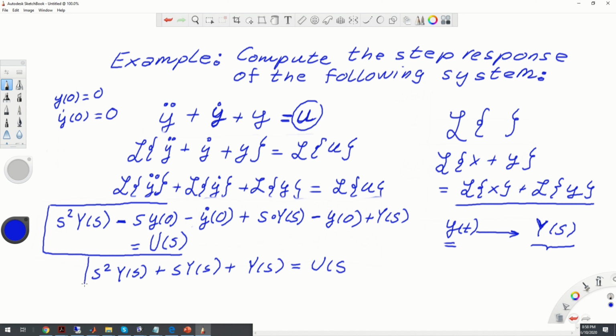This is how our ordinary differential equation looks in the s domain. Now, our next step is to make a transfer function and use this transfer function to compute the step response of our system.